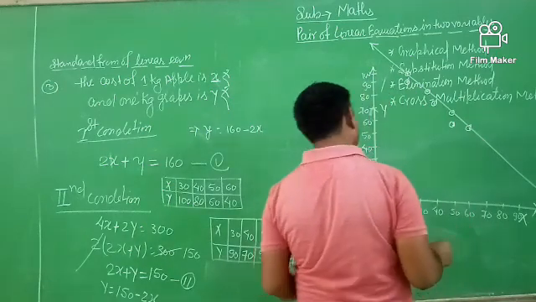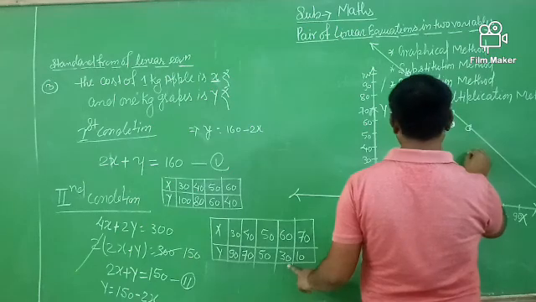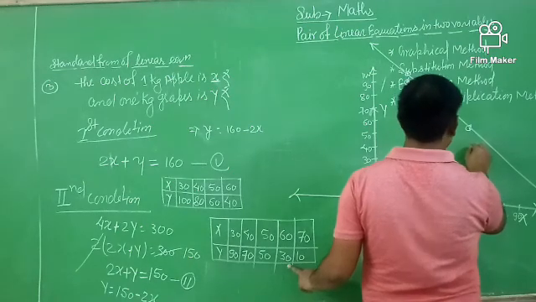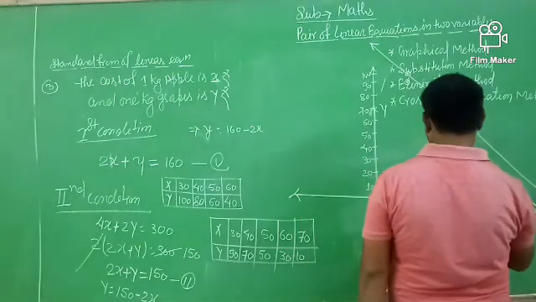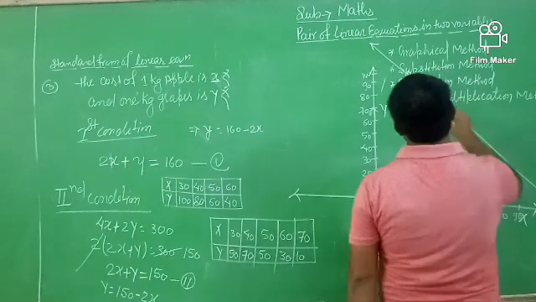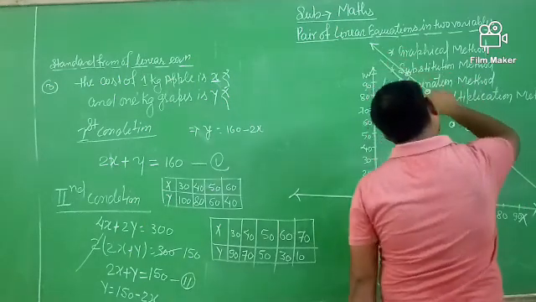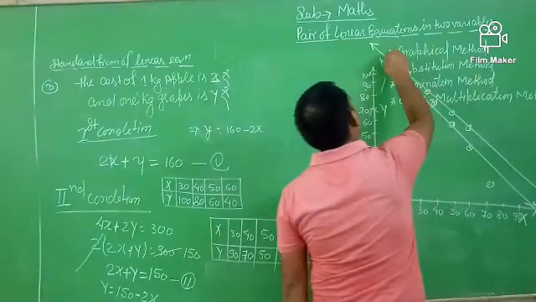X is equal to 60, then y is equal to 30. X is equal to 70, then y is equal to 10. It means like this. You can draw a line through these points.